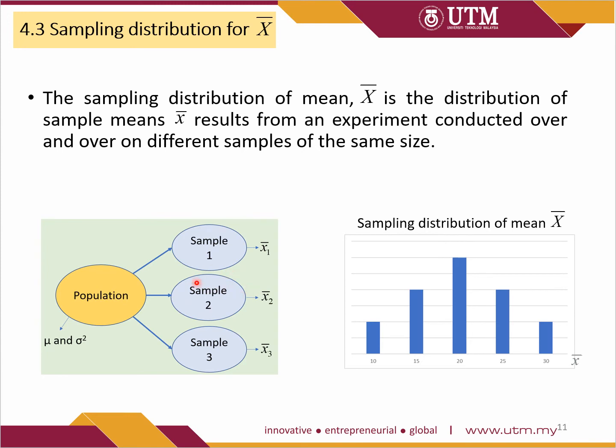Here the sample is obtained from an experiment conducted over and over on different samples of the same size. This is the example that I gave you earlier, where you choose two samples of packs of rice. The outcome of the mean from the sample would be 10, 15 up until 30. And here is the sampling distribution of the mean.